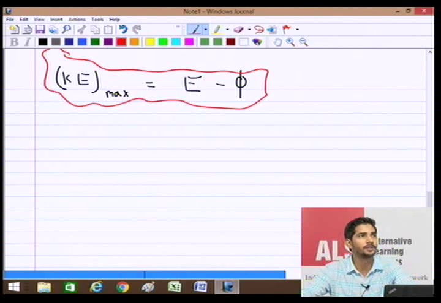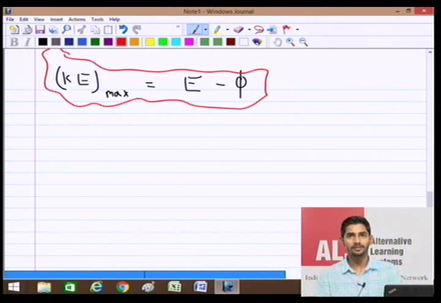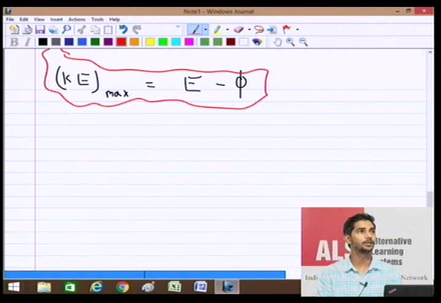That this is a right statement. Senapati, Shillong. Okay, so let's understand this statement, how kinetic energy should be equal to E minus phi.